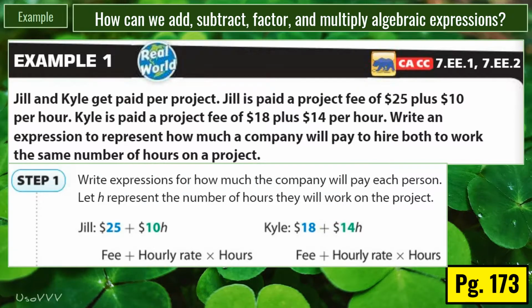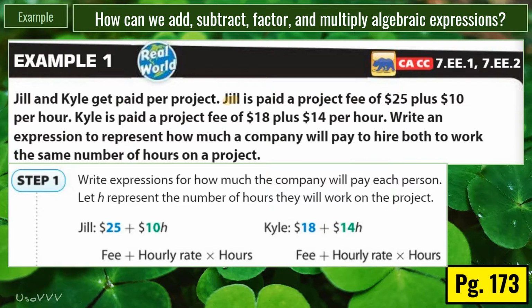So if I'm using my 3 reads method, which I should because it's a word problem, that's my first read. That's my topic. Well, I know the topic is a problem talking about two people getting hired to do a job together, but they get paid differently. My second read through, I know it's talking about writing an expression to represent how much a company will pay to hire both. So my third read through, I identify my important pieces of information.